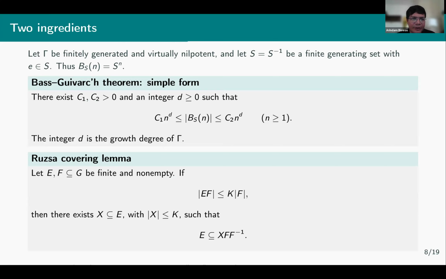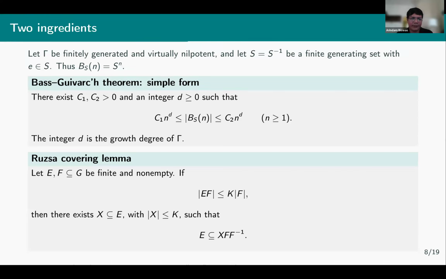Two ingredients which we use: the Bass-Guivarc'h theorem, which says that in the case of finitely generated virtually nilpotent groups, if you take a symmetric generating set, then the word balls of size at most n are bounded by C1 n to the power d and C2 n to the power d. There exist two constants which bound the sizes of these balls, and this integer d is the growth degree of the group gamma.